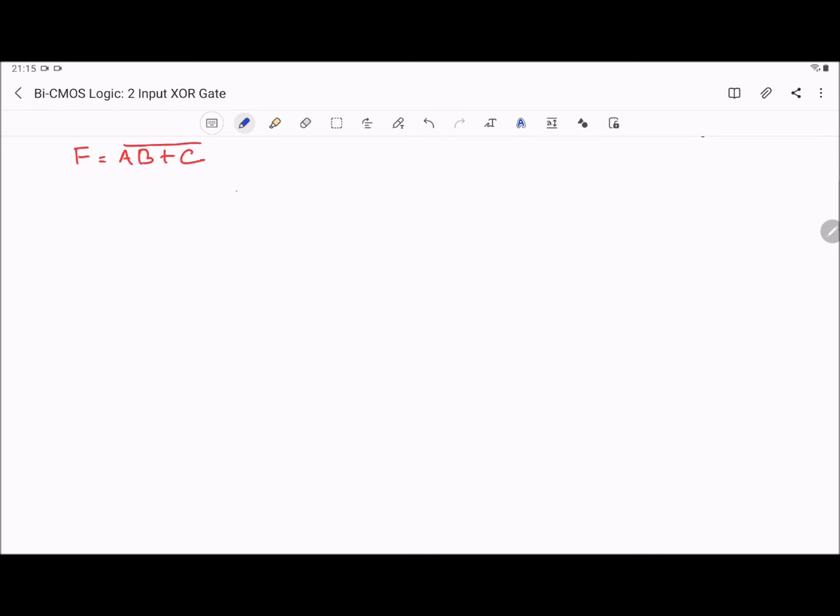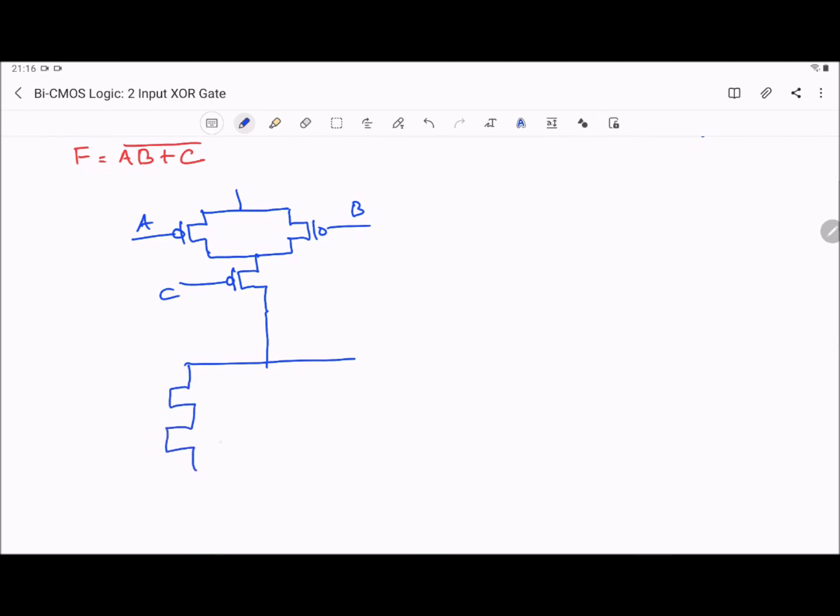A and B are going to be in parallel and the overall thing is going to be in series with transistor C. In the pull down network, A and B are going to be in series and the overall thing is going to be in parallel with C.